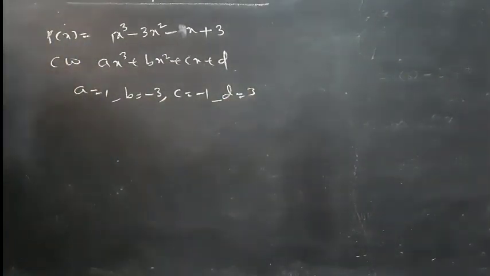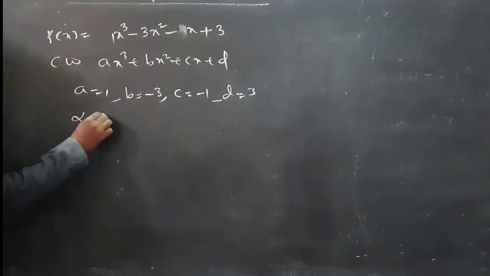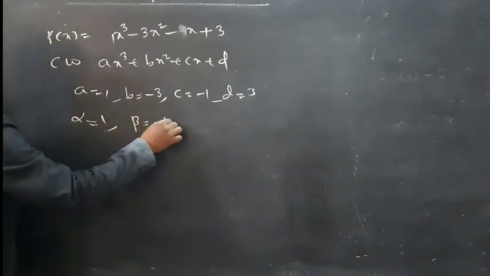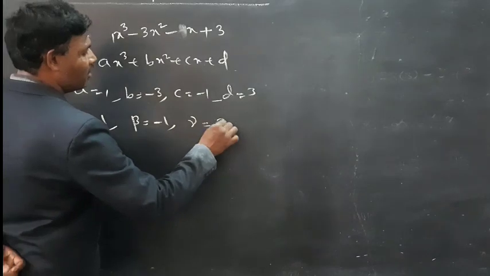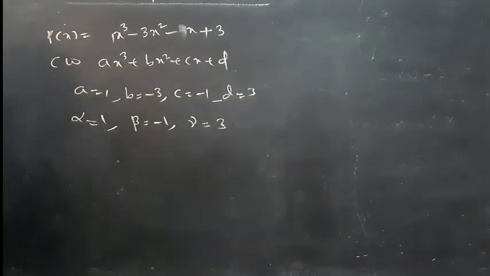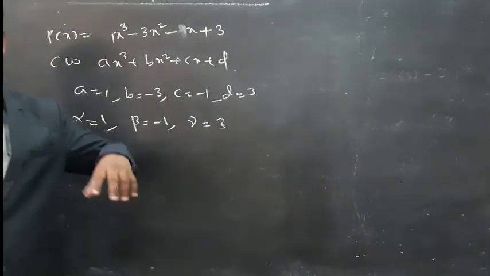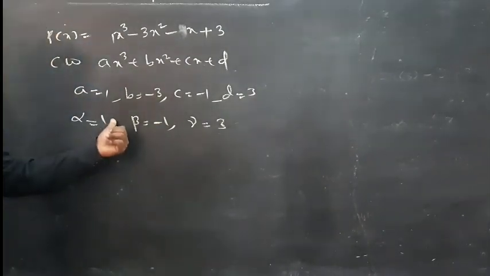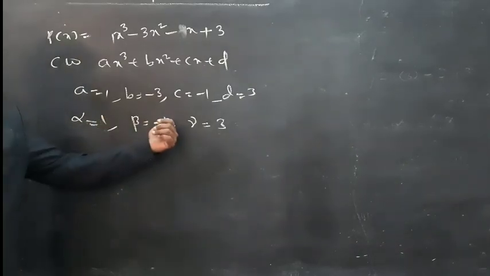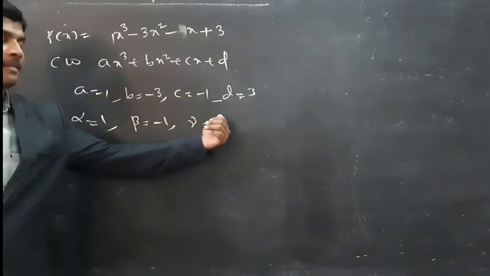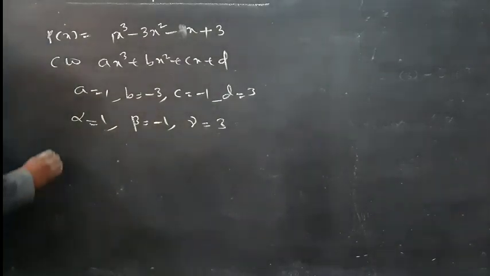So let 3 zeros are alpha is equal to 1, beta is equal to minus 1 and gamma is equal to 3. Why? Because alpha, beta, gamma are the zeros of cubic polynomial. So here already we know 3 zeros. Already we proved. 1 I am taking as alpha, minus 1 I am taking as beta, 3 I am taking as gamma.